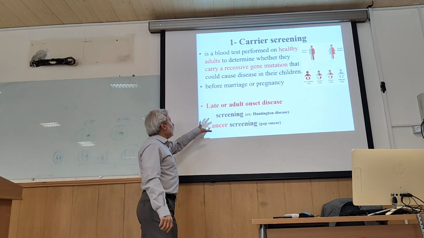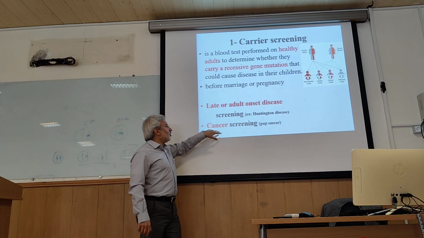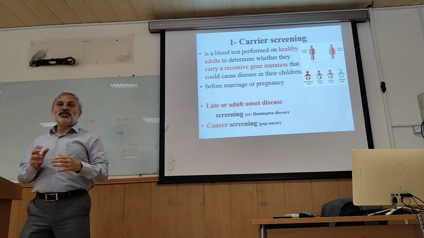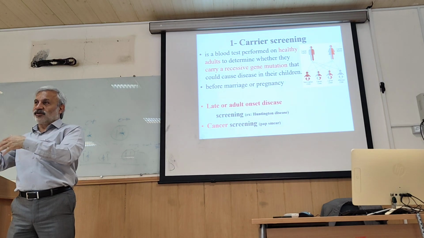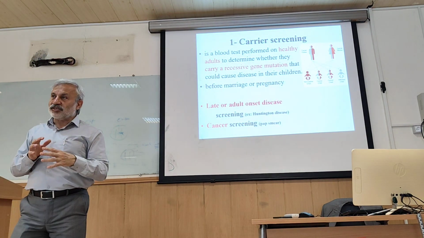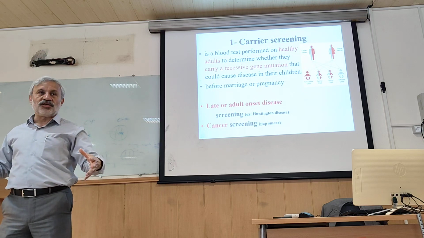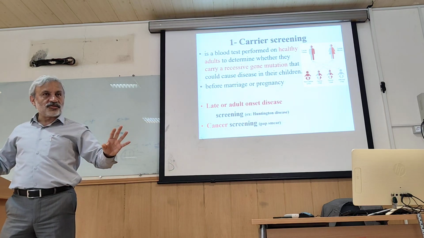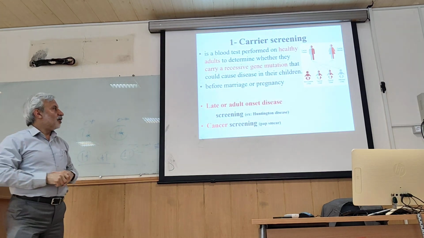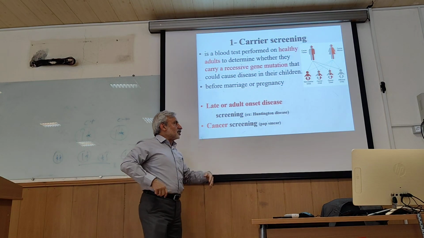Sometimes we have some late onset disorder or cancer or something which we only understand in the future. At the time of marriage, we don't know. They are absolutely fine without any disorder, but in the future they get the disorder. For example, Huntington.